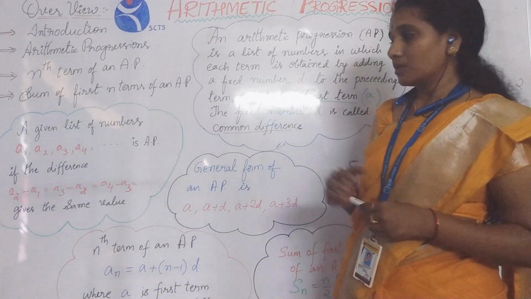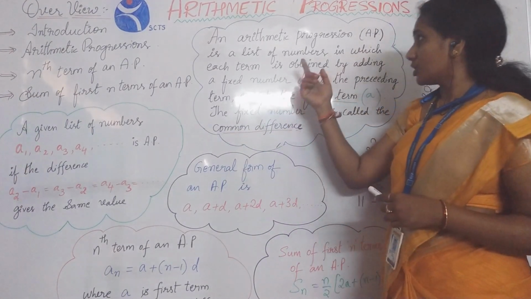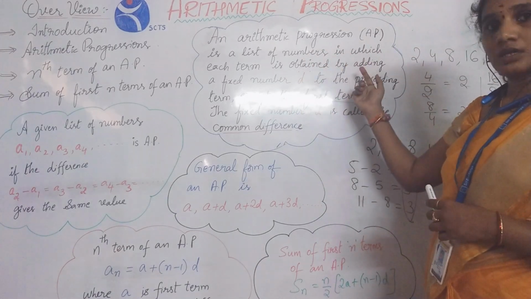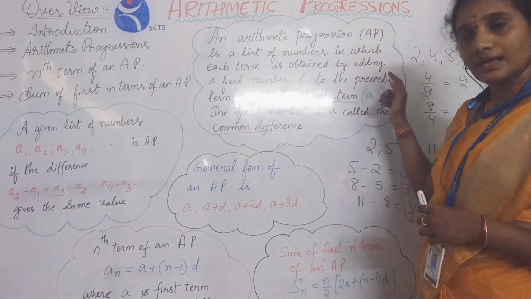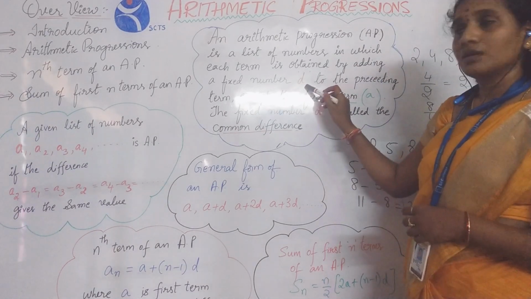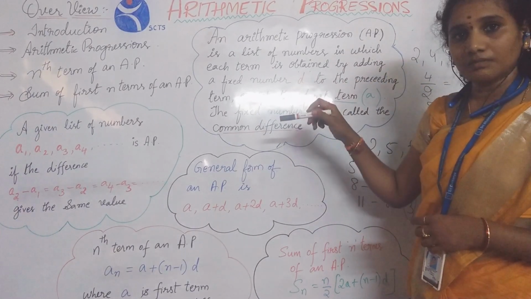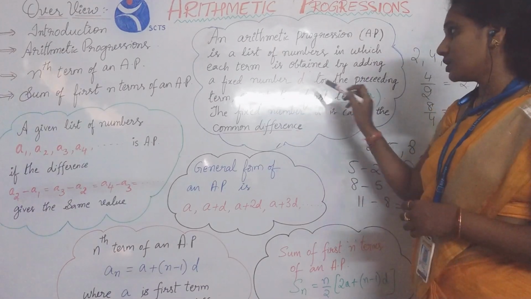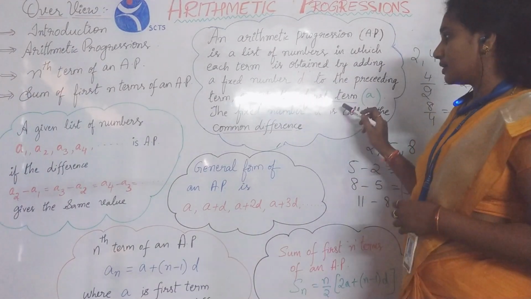Arithmetic progression. An arithmetic progression is a list of numbers in which each term is obtained by adding a fixed number D to the preceding term, except the first term. Here D is the common difference and A is the first term.